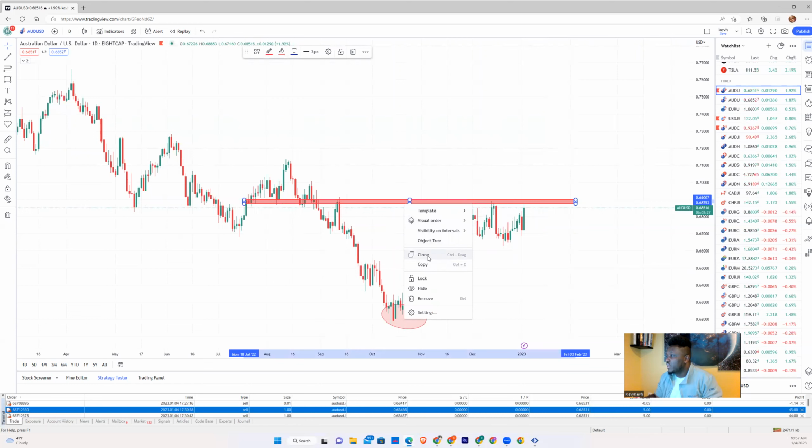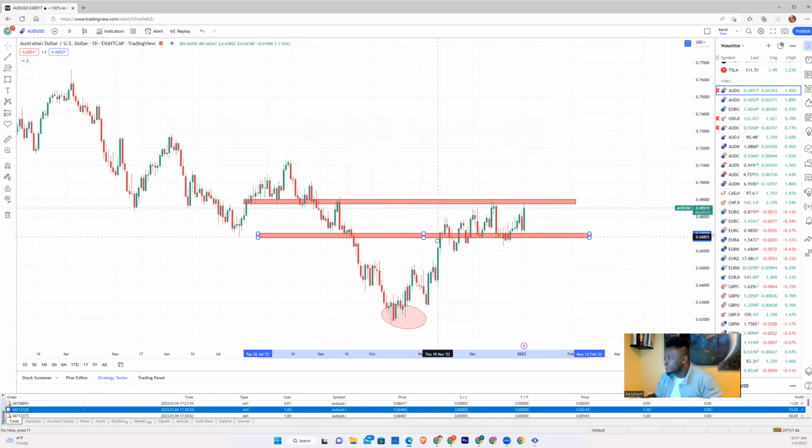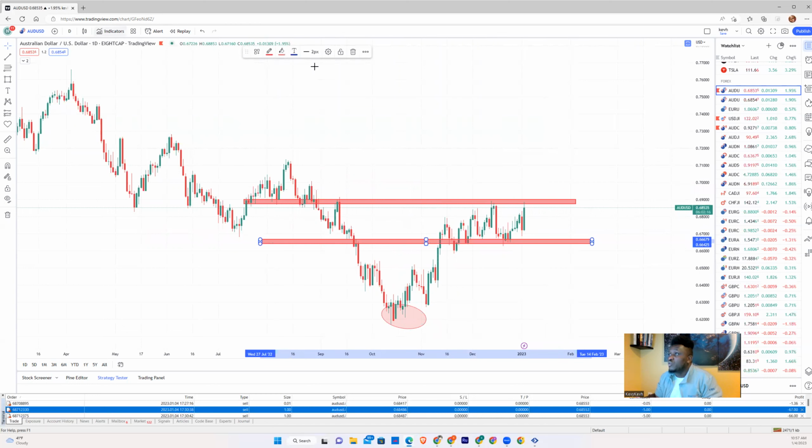And down here, we do have our support level. Do I think the market is going to come back down here? I am not so sure about that, because this is on the daily time frame, and I am seeing other areas where the market could retest.